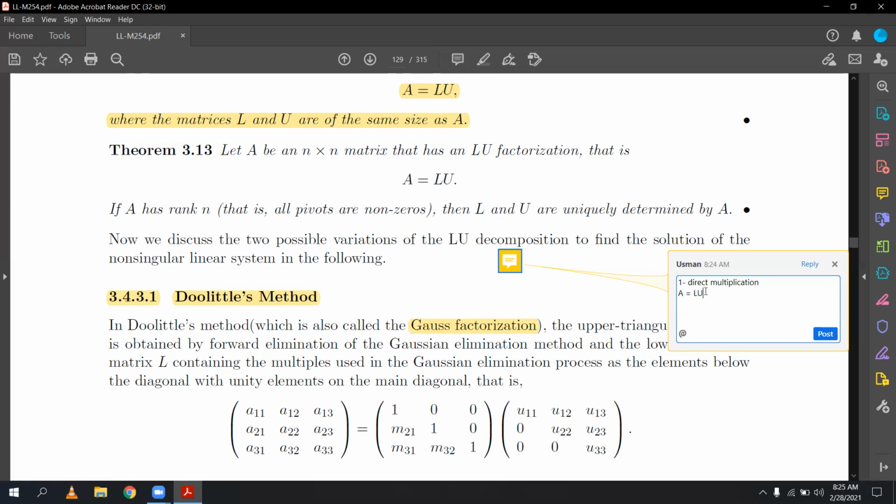That means the first column of this multiplication is equal to the first column of A, the second column is equal to the second column of A, and you solve the 9 equations to find 9 elements. But the second method is a very simple one, which I advise you to use. And what is that one? Use simple Gauss elimination.